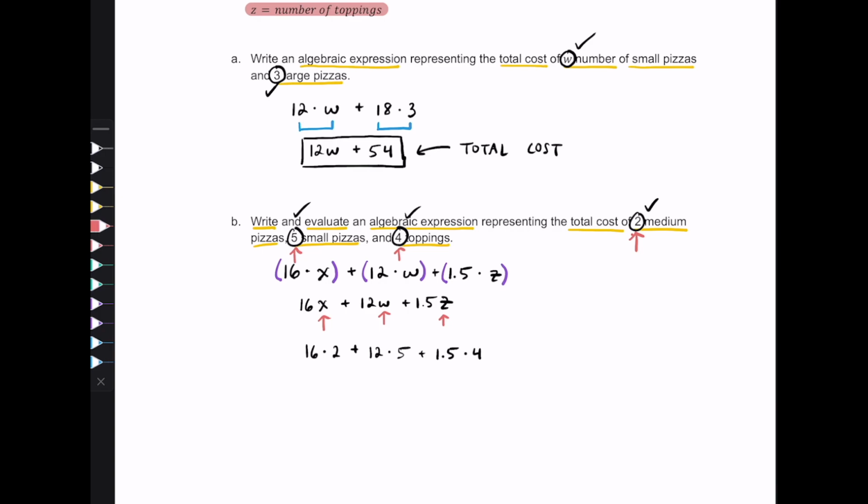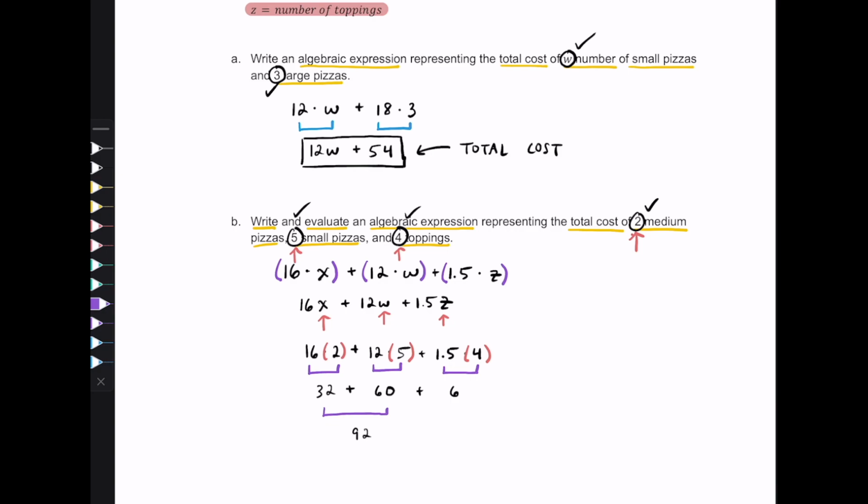So it's a little confusing maybe to use these dots, so I'll use parentheses for multiplication, especially with this decimal over here. So if we go ahead and do this, 16 times 2, that's going to be $32 for the 2 medium pizzas. And then we're buying 5 of these small pizzas, so 5 times 12 is going to be $60 for all the small pizzas. And then finally, $1.50 each for each of these 4 toppings. $1.50 times 4 is going to be $6. If you add up the cost of the medium and the small pizzas, that's going to be $92 for the small and medium pizzas.